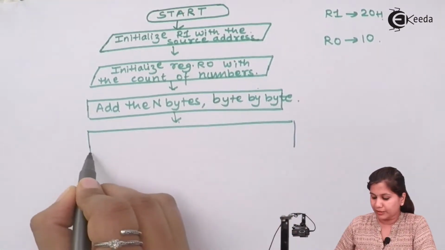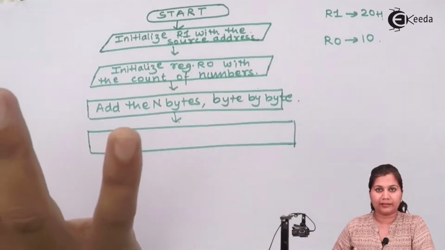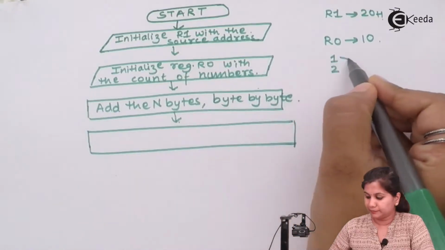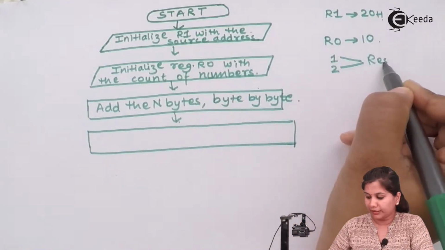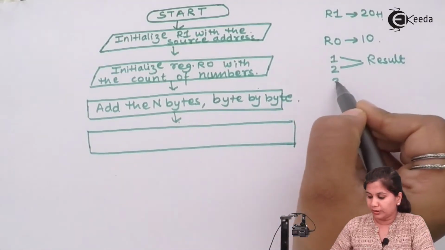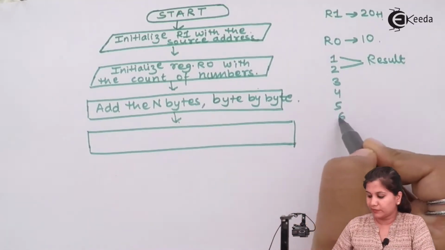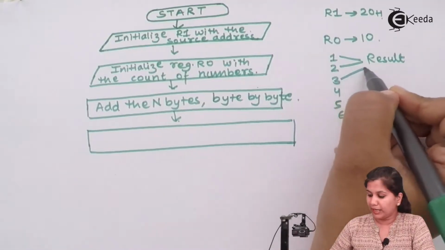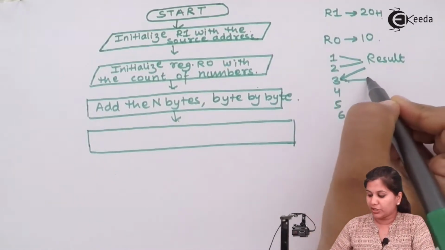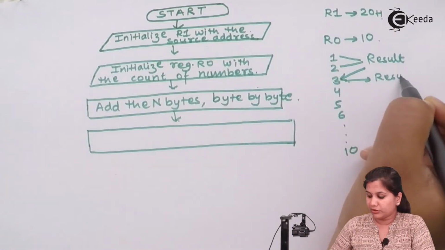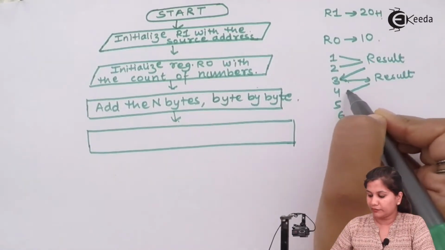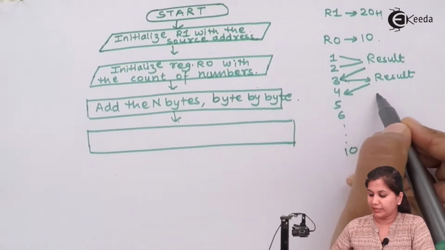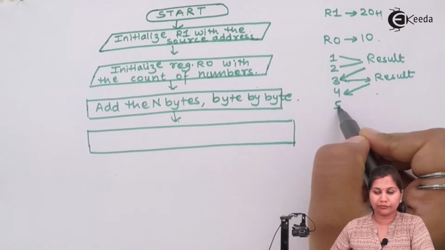Suppose the first and second numbers are added, and we get their result. Now this result will be added with the third number, and a result will be generated. Again this result will be added with the fourth number, then the result will be generated. Then that result will be added with the fifth number.